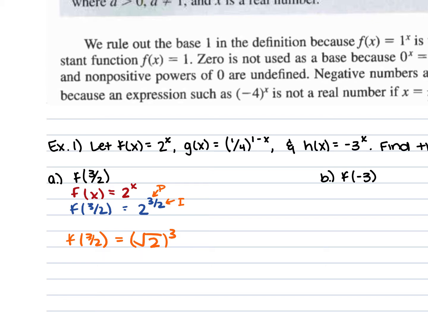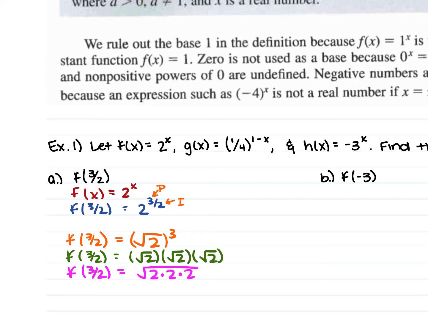We're not going to simplify the square root of 2. However, we are going to raise it to that third power. So this is the same exact thing as saying f of 3/2 is equal to the square root of 2 times the square root of 2 times the square root of 2. When the radical is the same, or the index is the same, we can multiply what's underneath them, and it's just going to give us f of 3/2 is equal to the square root of 2 times 2 times 2.